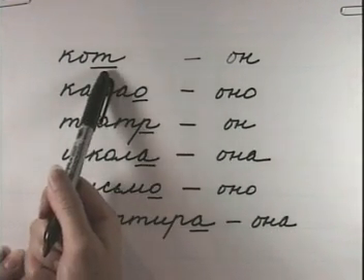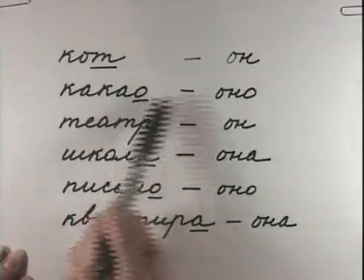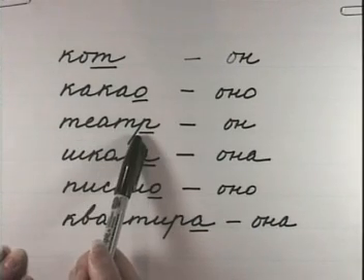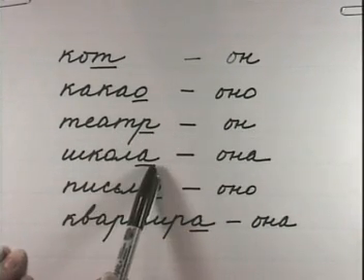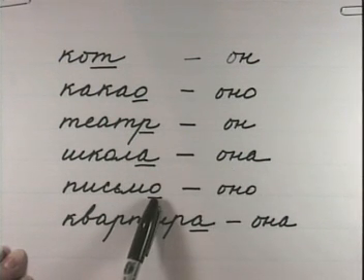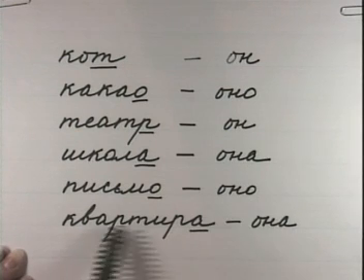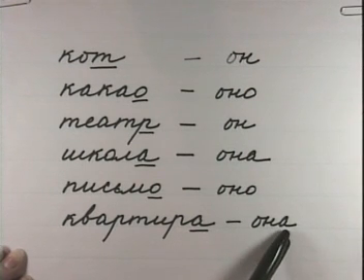Кот is masculine, он. Какао is neuter, оно. Театр is masculine, он. Школа is feminine, она. Письмо is neuter, оно. Квартира is feminine, so it gets replaced with она.